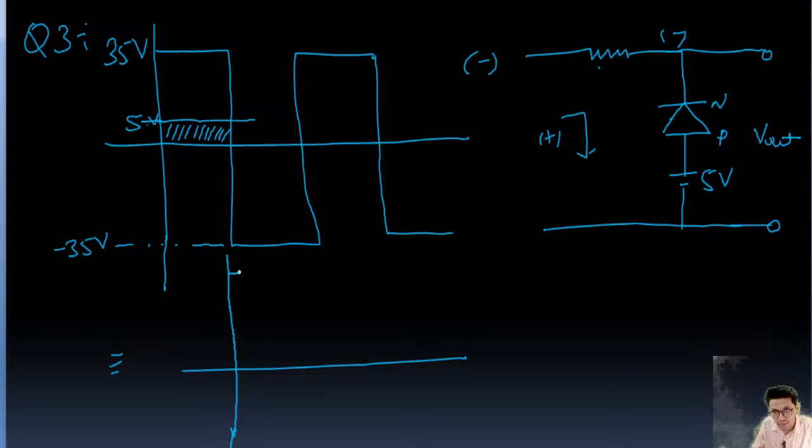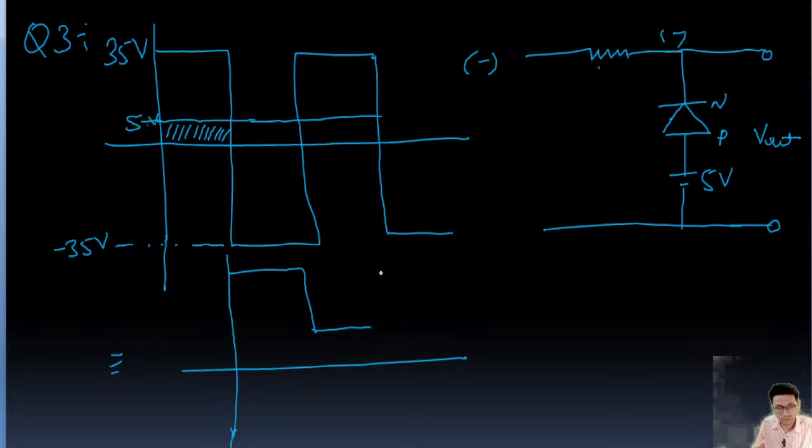So this graph will be like this. This 5 volt part will be clipped, guys. And this complete 5 volt will be clipped. Okay, so for the second, minus half cycle, this will be 0, guys. 5 volt, right?